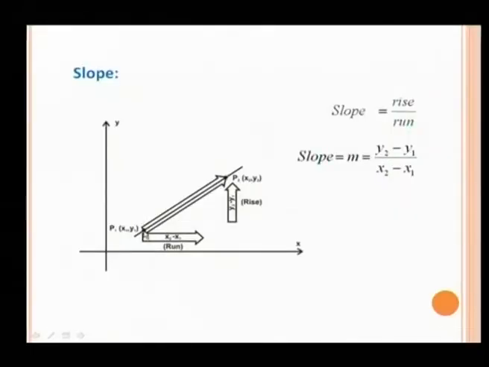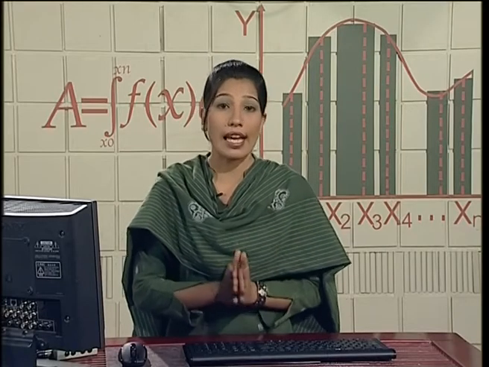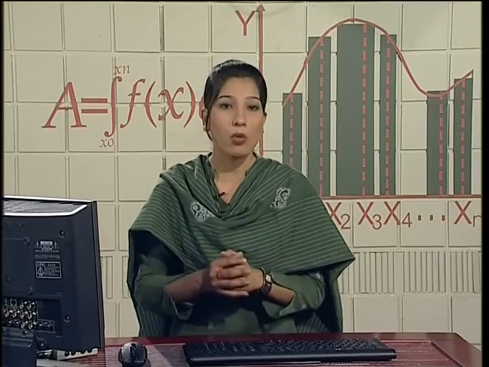Let's consider a particle which is moving from P1 to P2, where slope is again rise divided by run, and the notation for slope is m. If run is the change in x, which is x2 minus x1, and rise is the change in y, which is y2 minus y1, then the slope from point P1 to point P2 would be equal to y2 minus y1 divided by x2 minus x1. This means the slope of a line always remains the same even if the points change.